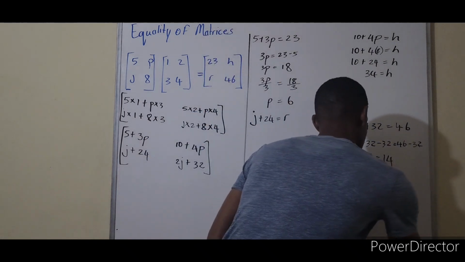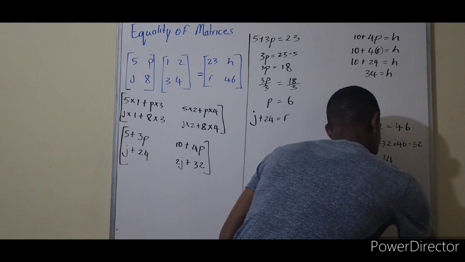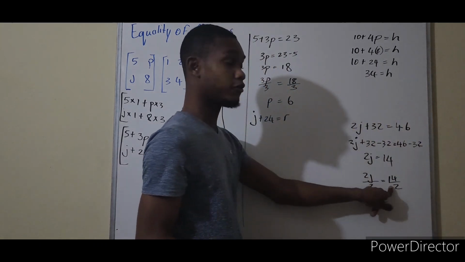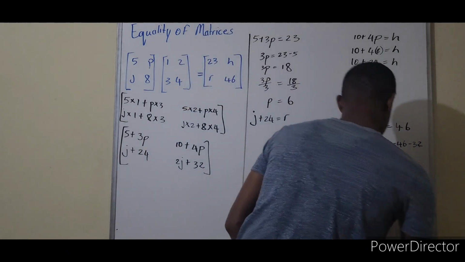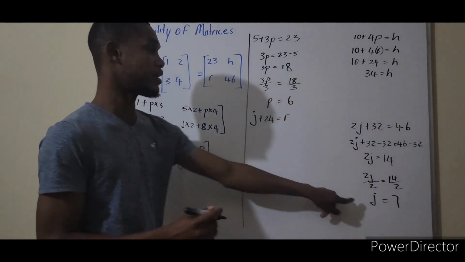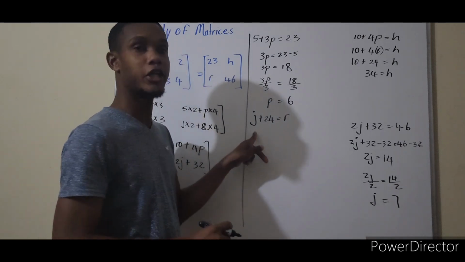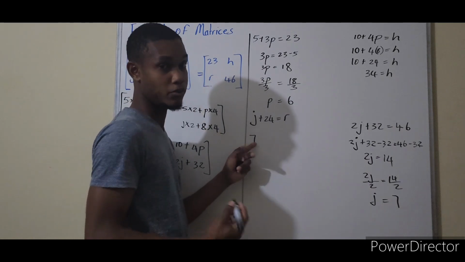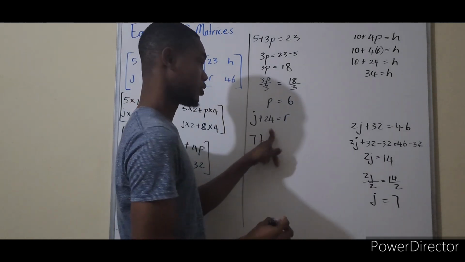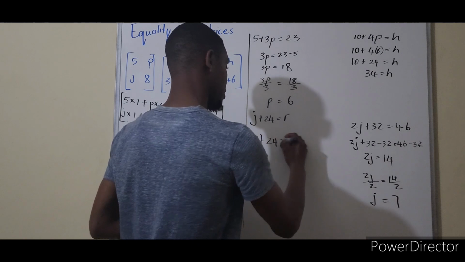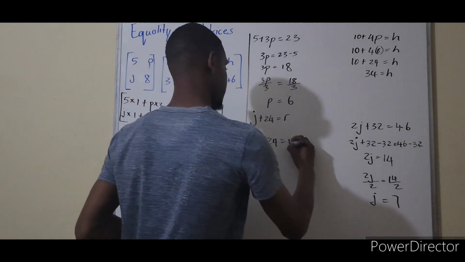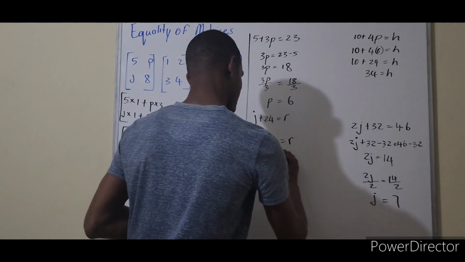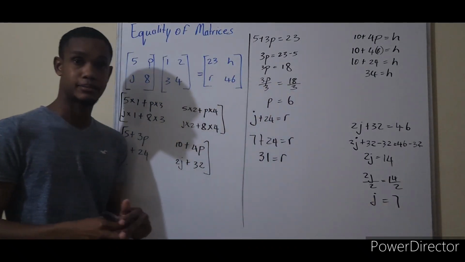So you'll have 2j over 2 is equal to 14 over 2, so j is equal to 7. Now you come over here. The fact that you have j now, you can put j where it is supposed to be. So j is the same thing as 7, so you substitute the 7 there, plus bring your 24 back, equals, put back your variable. Now 24 plus 7 gives you 31, and that is equal to r.